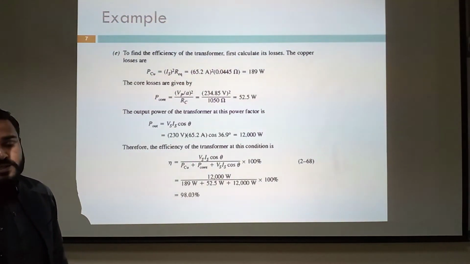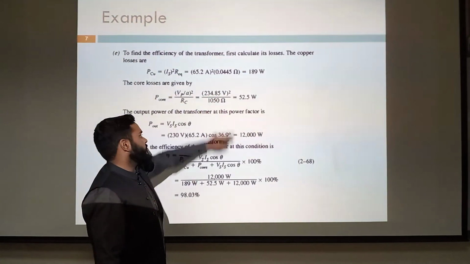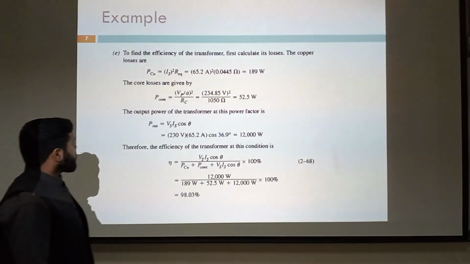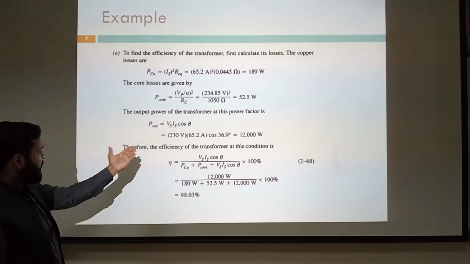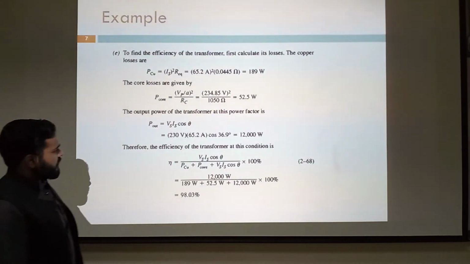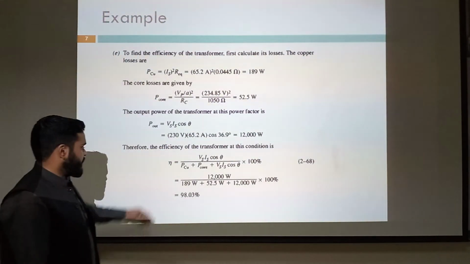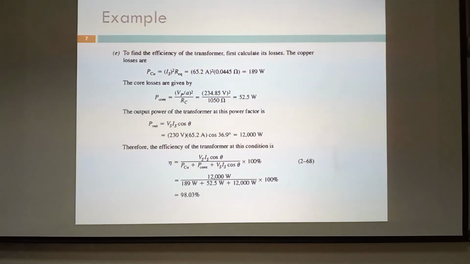In previous sections of this example, at 0.8 lagging power factor, this Vp by alpha comes out to be 234.85. So we have computed these two losses, and we also compute V cos theta, that is 12,000 watt. Just put these values and you find that the efficiency of the transformer is 98%.